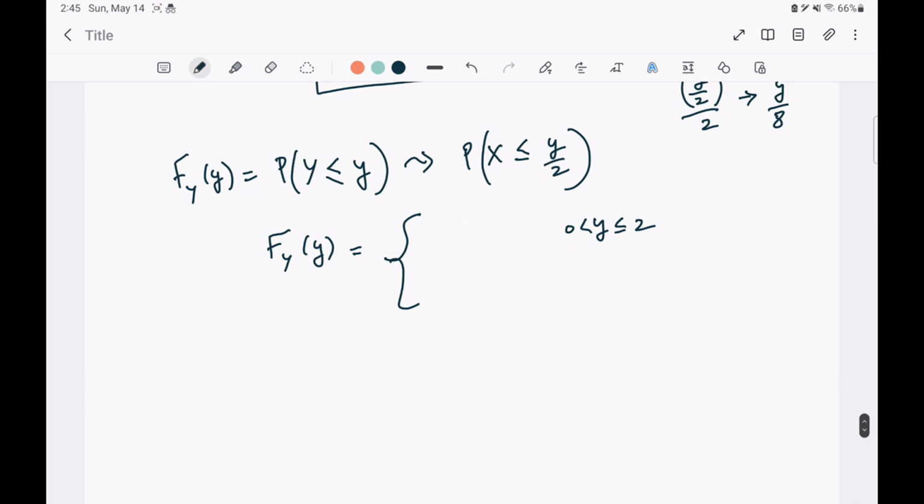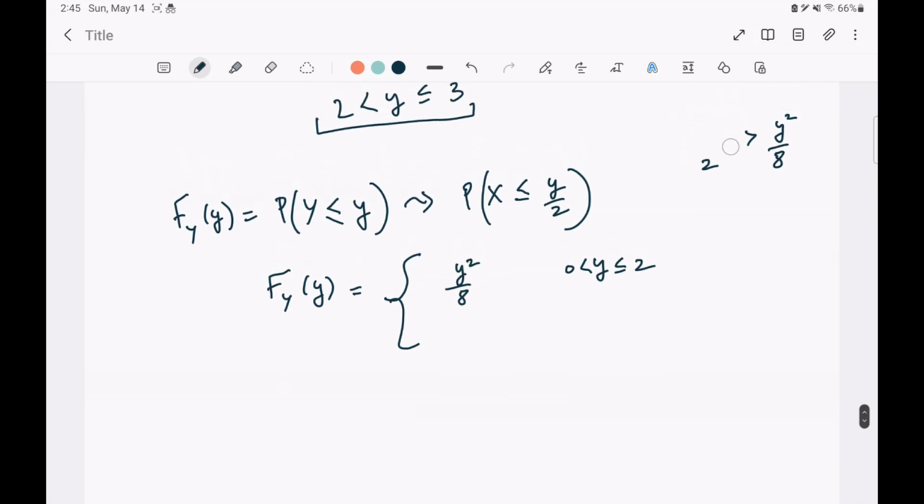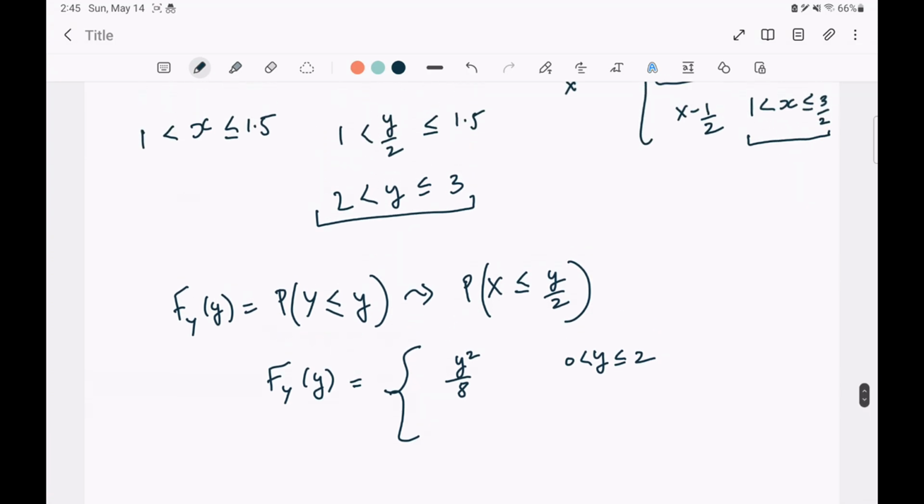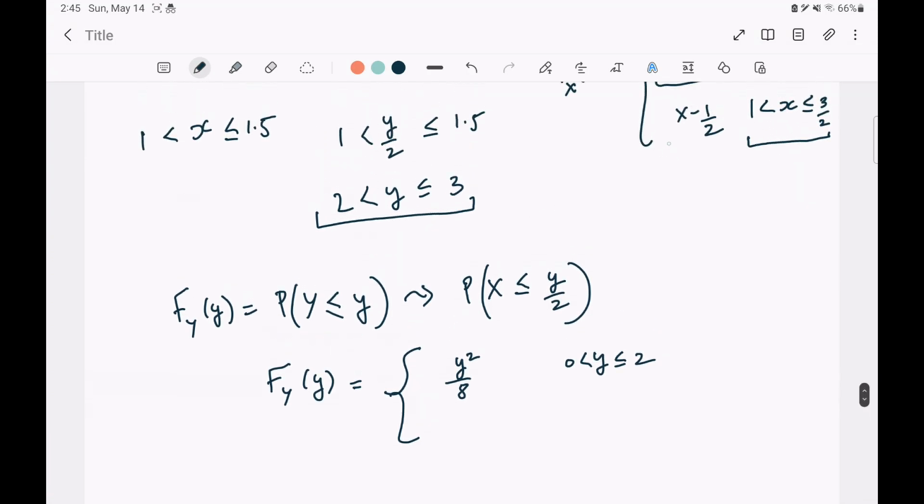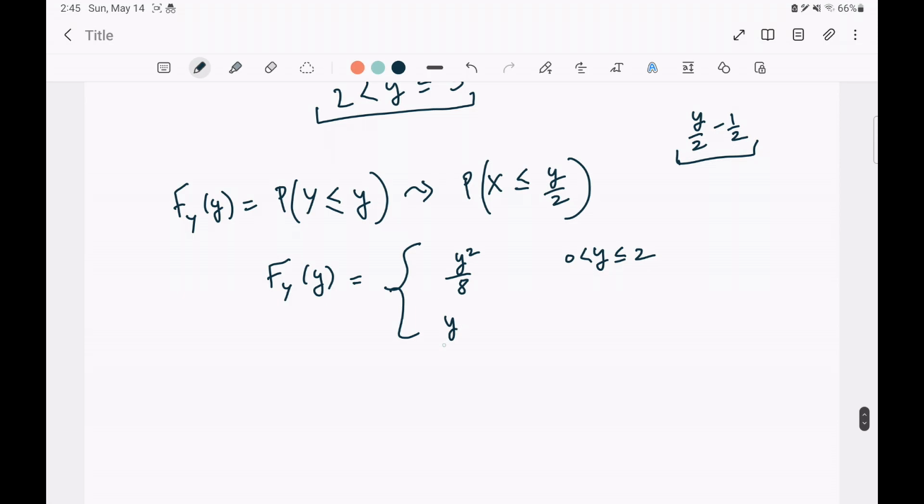So this value would be y square by 8. And for the range where y lies between 2 to 3, its behavior would be similar to x minus half. So if you just plug in the value y by 2 here, it would be y by 2 minus half. For y between 2 to 3.